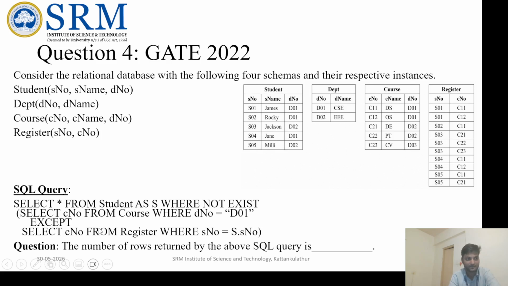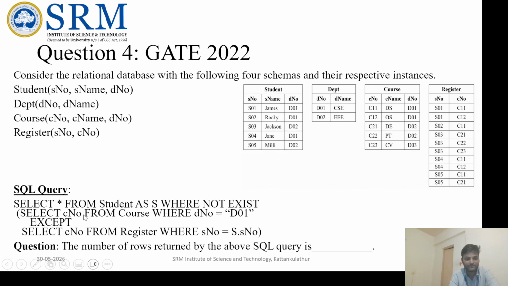That is the very basic thing. And except is a keyword that is basically a subtraction. So whenever in the inner query the first part, select C number from course where D number is D01, is generated, except will subtract the result of the second query.